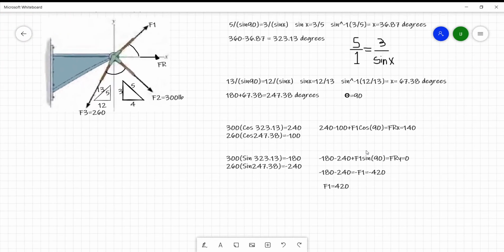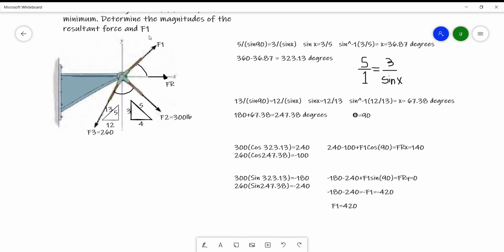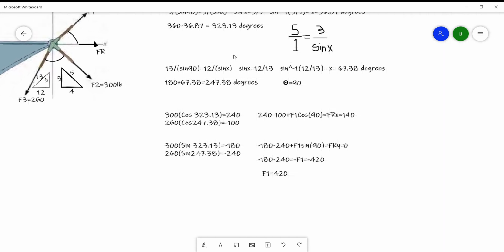Now, to solve for F1, I'm going to do the summation in the Y axis, so I have here minus 180 plus minus 240, plus F1 sin of 90.